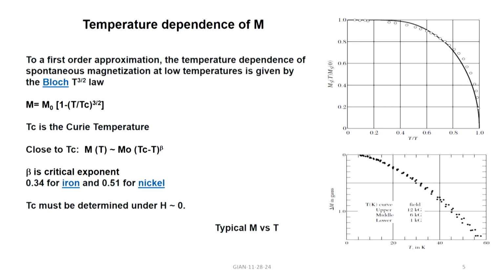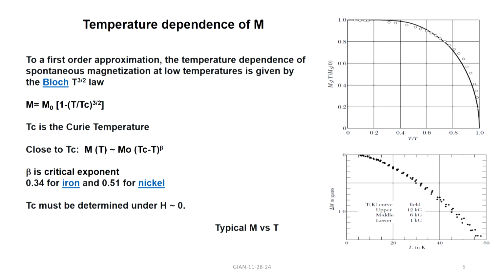But that equation at the top fails when you are close to the Curie temperature, and very close to the Curie temperature, the magnetization will vary like what's shown here. Beta is called the critical exponent. It is certainly less than 1, anywhere between 0.3 and 0.5 depending on the material.